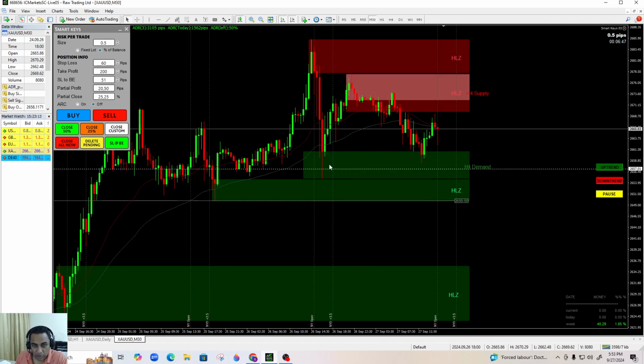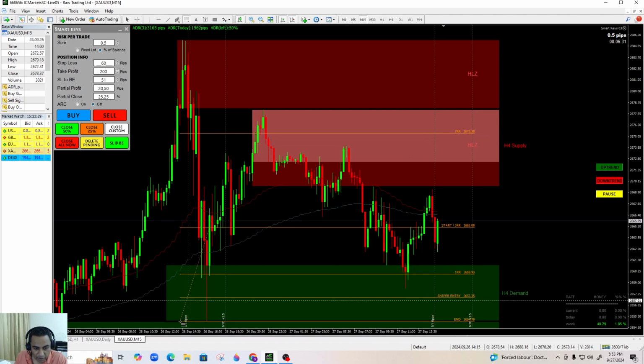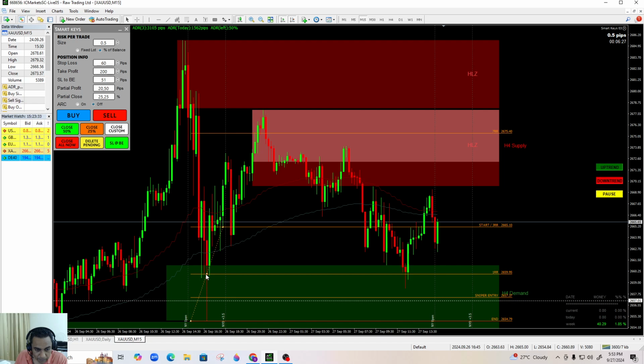Just look at that on the M30. Yeah, there is a clear wick there. On the M15 also very clear. That's interesting. I'm going to draw a fib there nevertheless and keep it, because that's a very nice grab of liquidity.